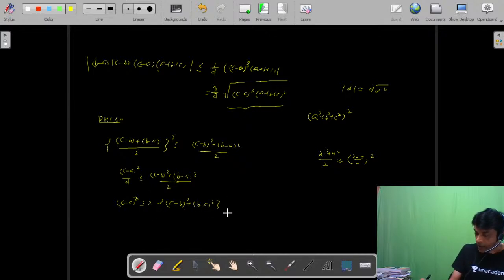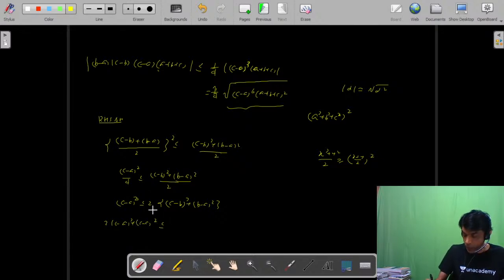Just add c minus a squared to both sides, so we add 2 c minus a squared plus c minus a squared. This is 2 plus 1, 3, so you get 3 times c minus a squared.